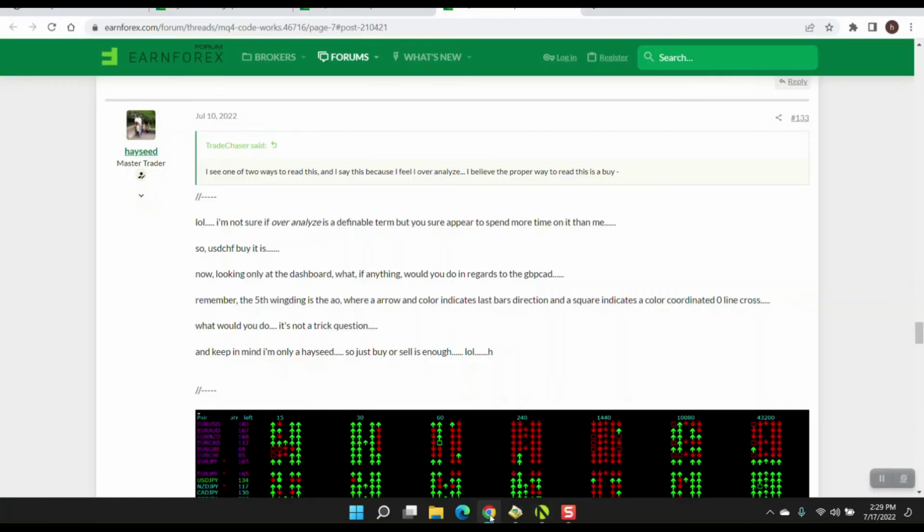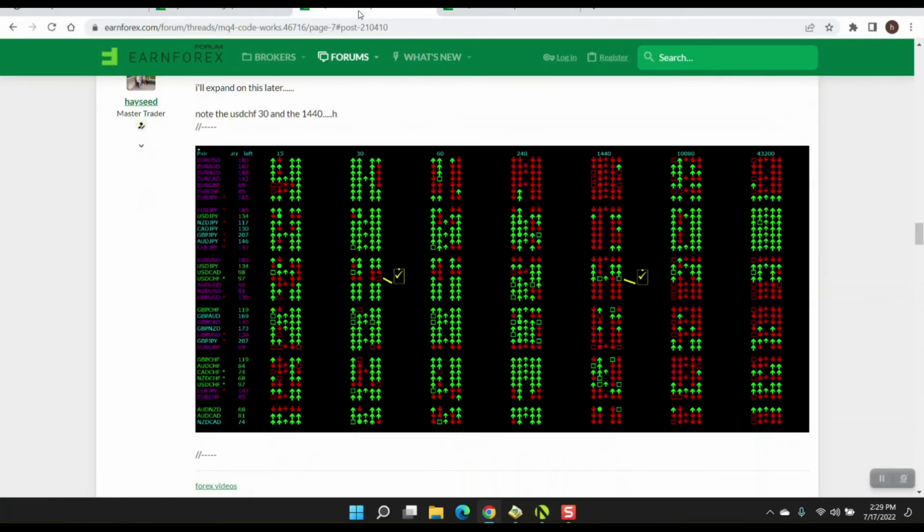Now let's go back to here. Whimsical part. Remember the last wingding. This was the exact day that we were just looking at a while ago on that daily chart where it crossed above, where I said he made his decision, and it was a good decision. We had a buy signal.